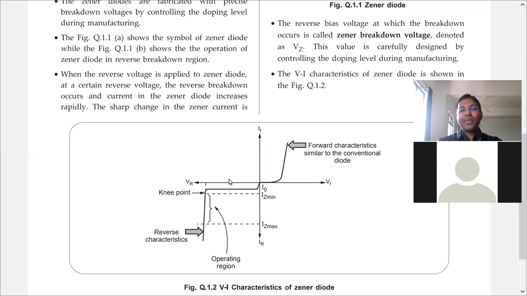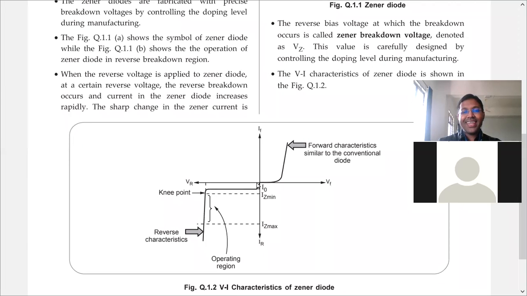So the important thing that you need to remember is this characteristic of the Zener diode under its reverse bias condition. So why does this breakdown occur? What do we mean by breakdown?